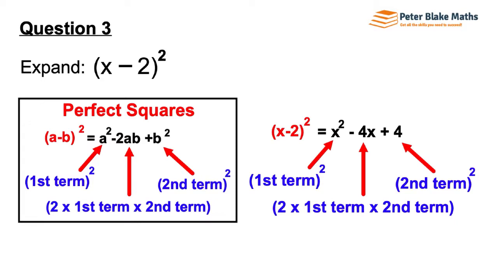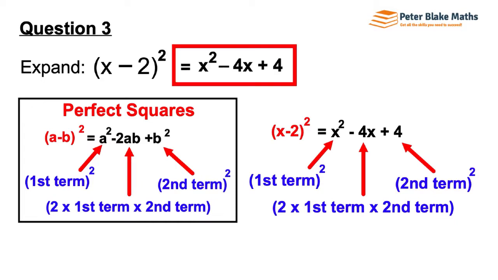And that final term of 4 for our answer is just gotten by adding at the end the 2 from the bracket squared. So that's a bit of a shortcut. It's tricky, but you can do it the long way if you like, but sometimes the question is based on knowing this shortcut way of perfect squares. So either way, doing it the traditional expanding method where we break up the brackets, or following this perfect squares template, we get x squared minus 4x plus 4.